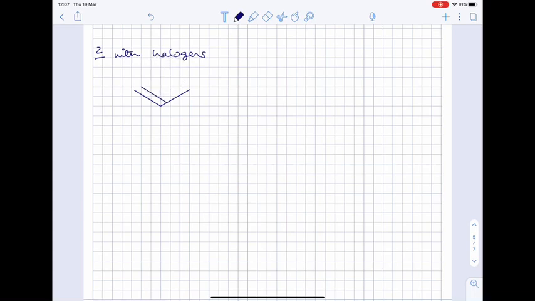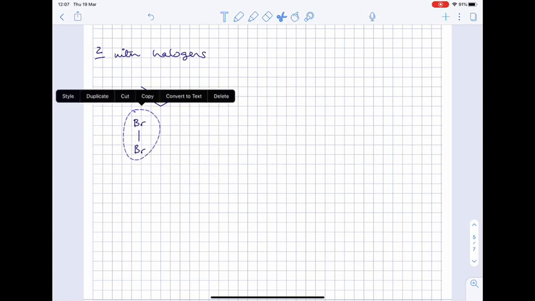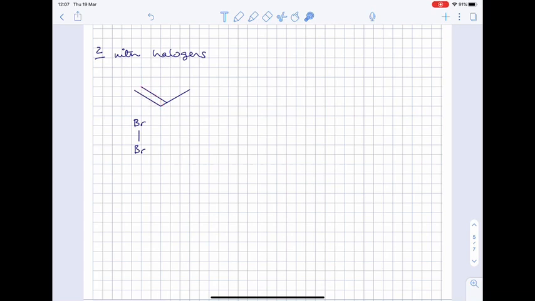Okay, so I'm going to use a halogen, so I can use bromine. You've seen this in year 11, testing for alkenes using bromine, some of you. This time the bromine is non-polar, so there's no permanent dipole, but as the bromine moves towards the alkene, the electron-rich double bond is going to repel the electrons on this bromine towards the other one.